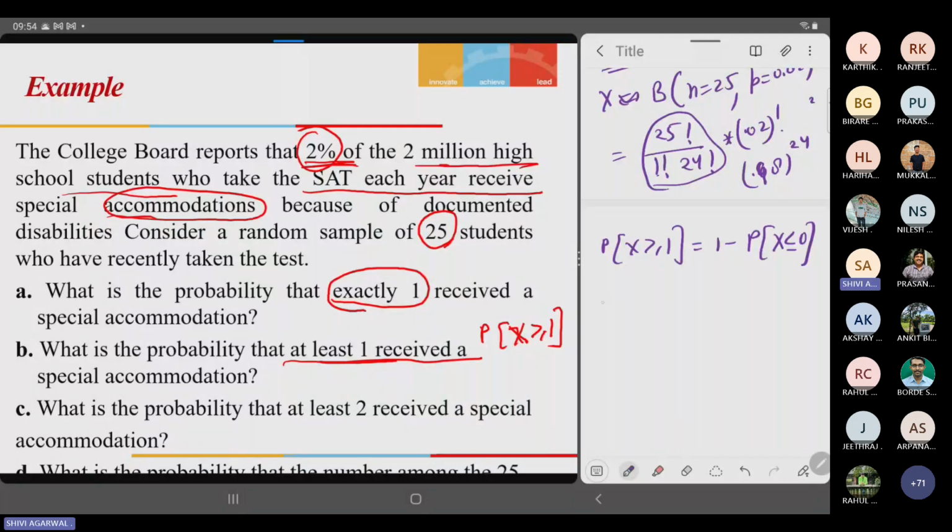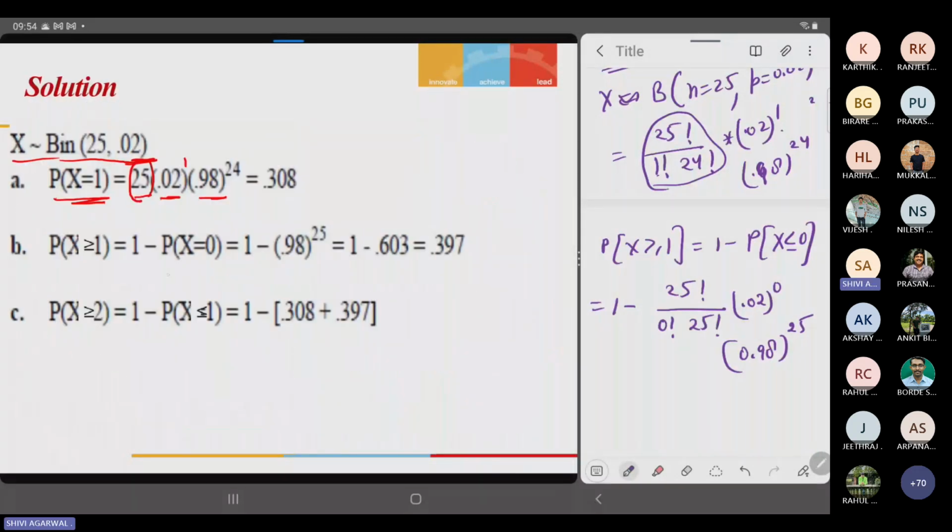So we can say it is 1 minus 25 factorial upon x factorial, n minus x factorial, times 0.02 to the power 0, times 0.98 to the power 25. So that is the answer: 1 minus the probability when X is equal to 0.